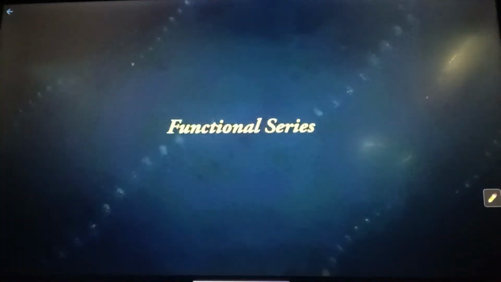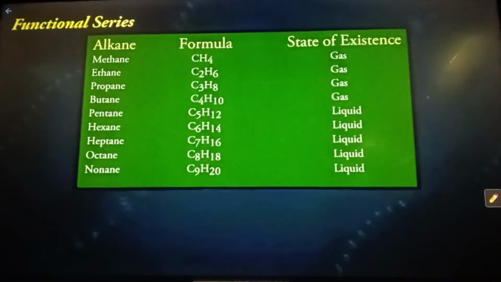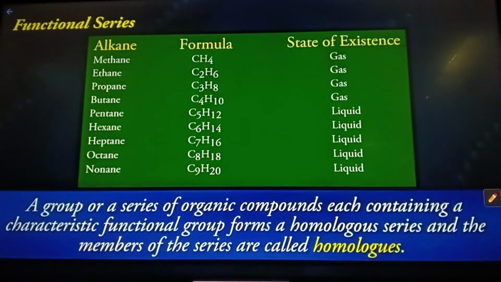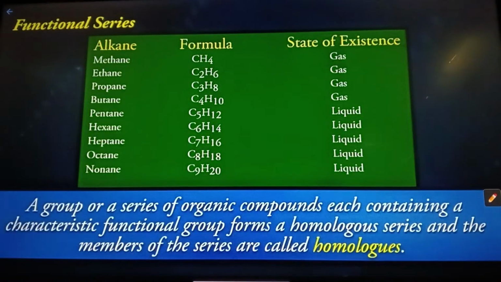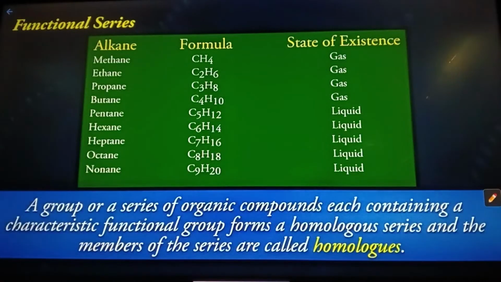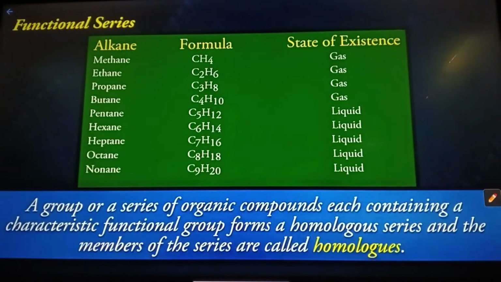Related to the functional group is the functional series. A group or a series of organic compounds, each containing a characteristic functional group, forms a homologous series, and the members of the series are called homologues.